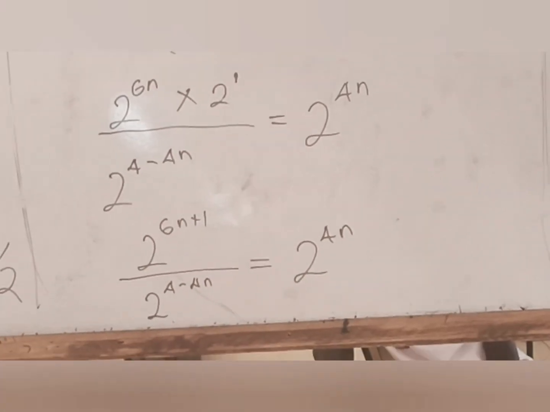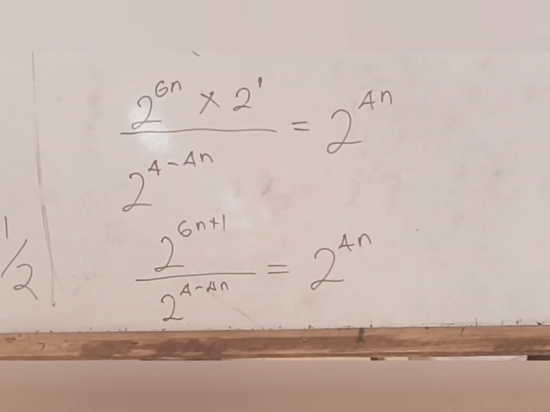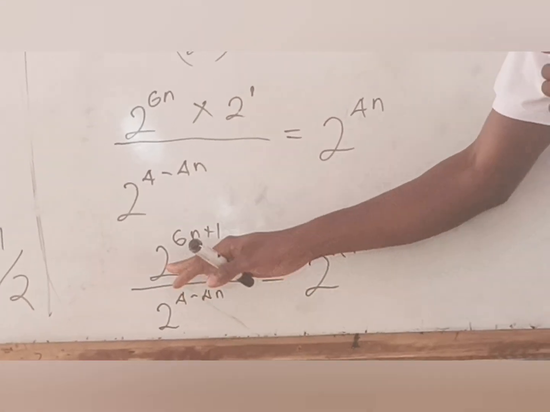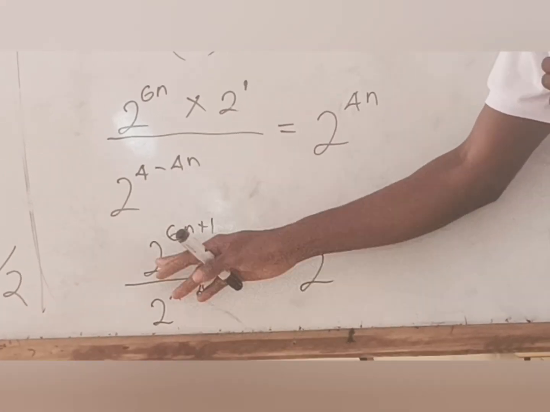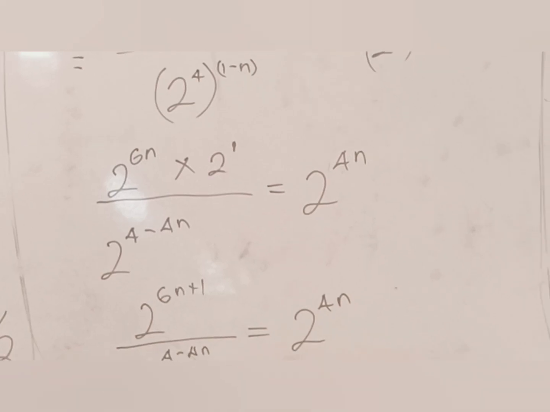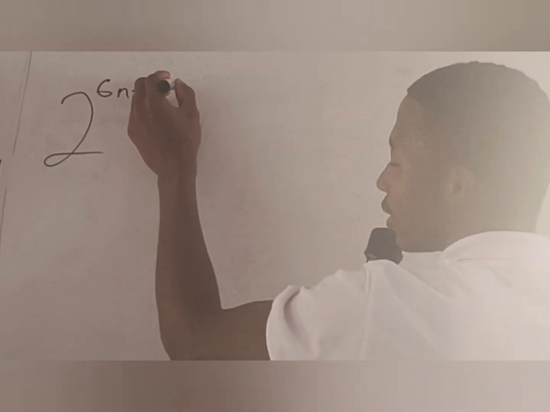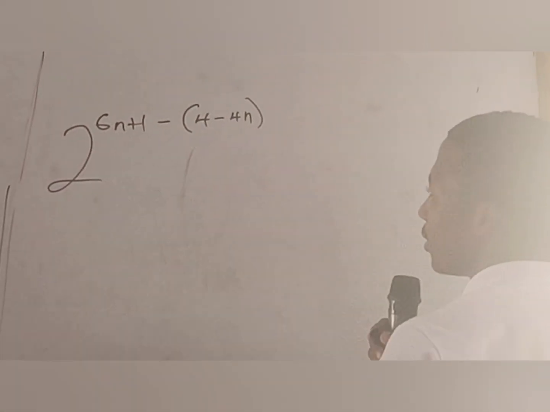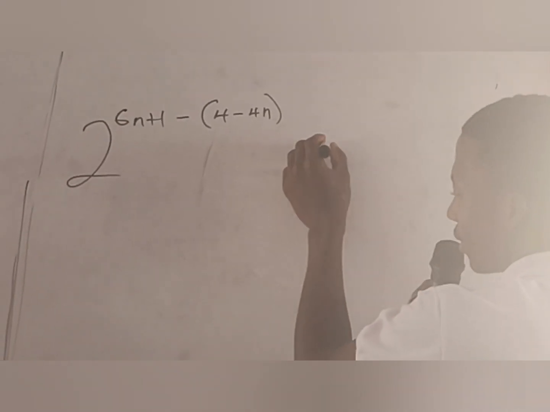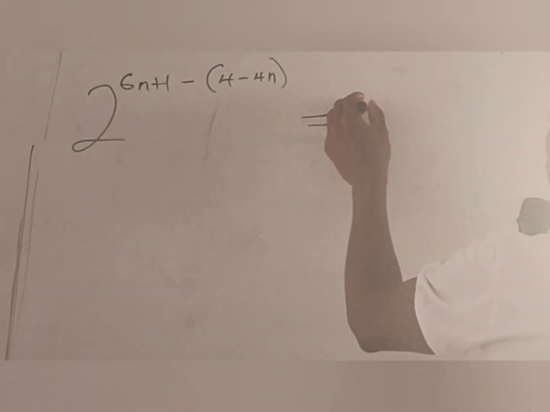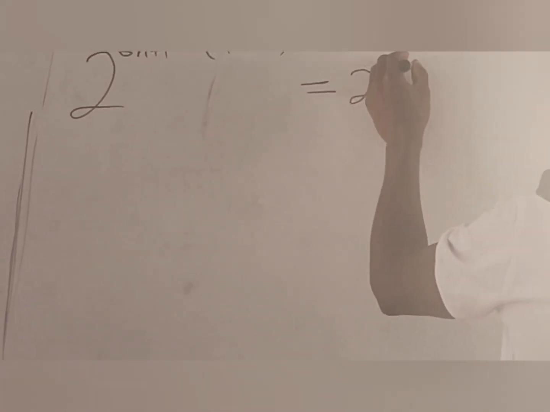Are you watching it? Watch and listen. In indices, if we have a fraction and the bases are the same, we subtract the powers. So from there, we have n plus 1 minus, in bracket, 4 minus 4n, is equals to 2 to the power 4n.